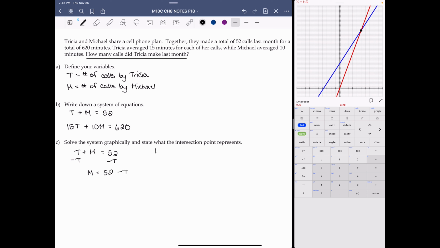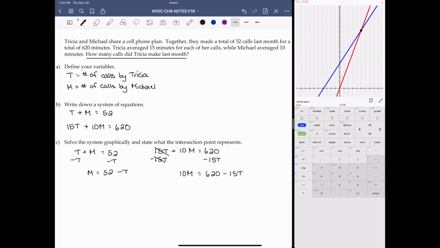Second equation, 15t plus 10m equals 620. Again, I have to isolate the m so that it's the same as the first one. So subtract 15t from both sides. 15t minus 15t is 0. We get 10m equals 620 minus 15t.